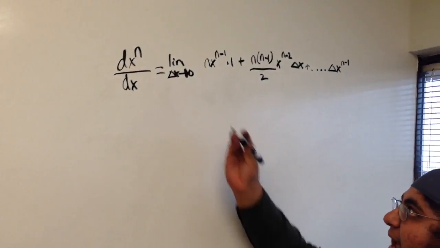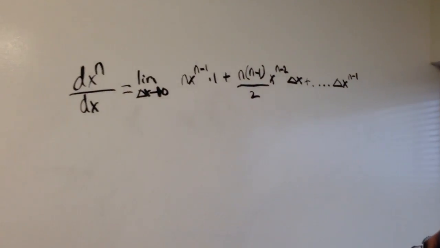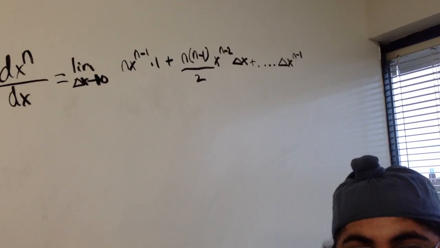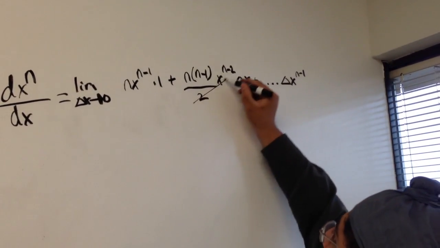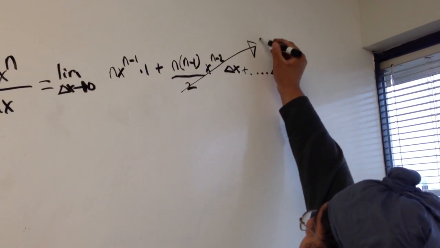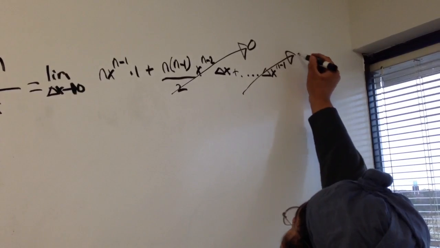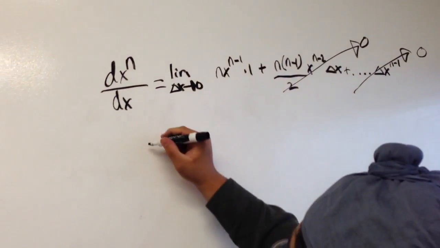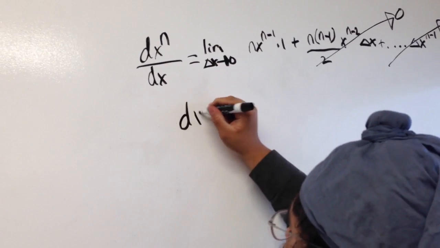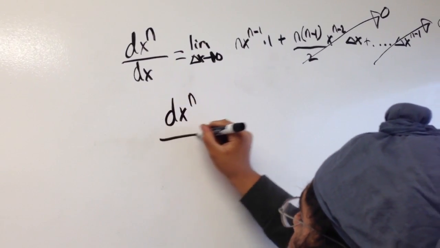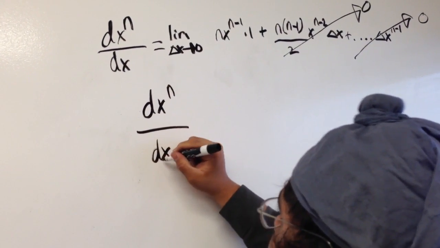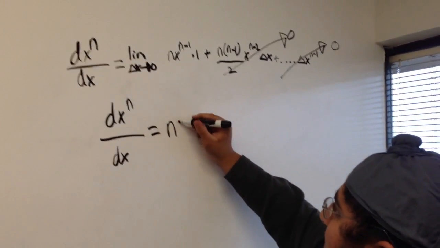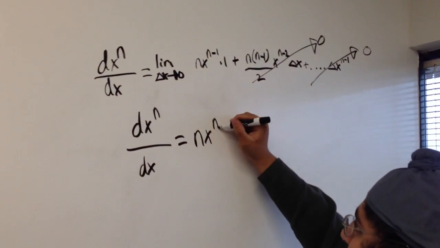However, this is for delta x approaching 0. So every term with delta x in it becomes 0. So this all approaches 0. Now we're left with the derivative of x to the n with respect to x being equal to nx to the n minus 1.